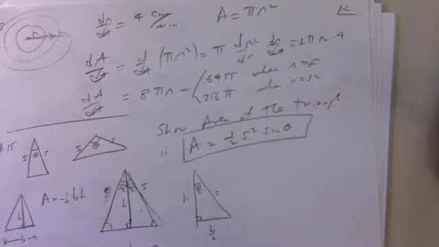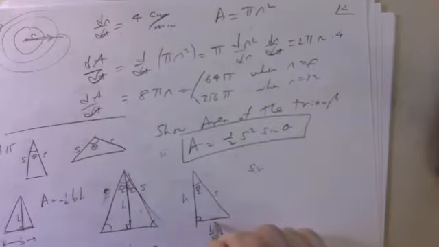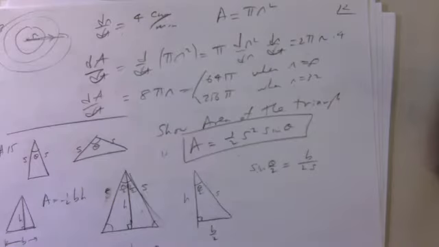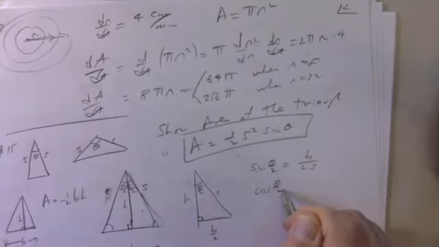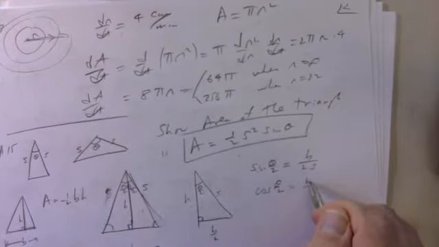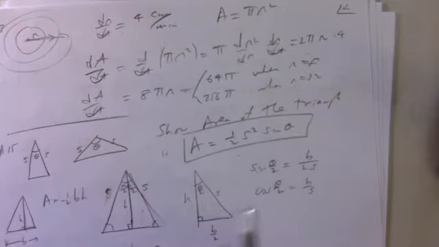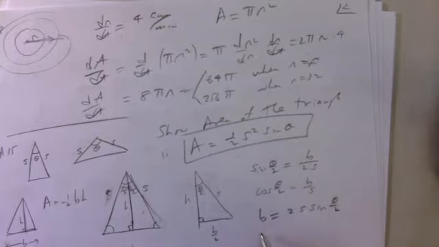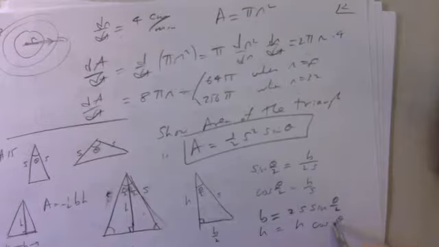Now, the sine of theta over 2 is equal to opposite side over the hypotenuse, b over 2 over S. And for the height, if you take the cosine of theta over 2, that's adjacent side, h over S. So this says the base is equal to 2S sine of theta over 2, and the height is equal to S times the cosine of theta over 2.